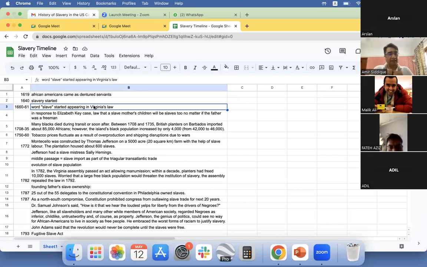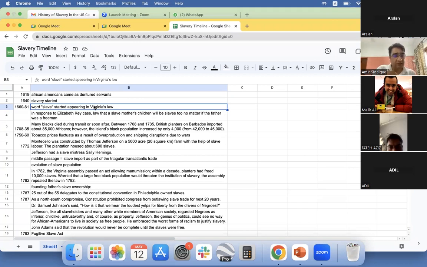It had the Virginia House of Burgesses, you call it. Forgive my pronunciation. I'm not sure how it's pronounced. Virginia's House of Burgesses is their Congress or assembly.